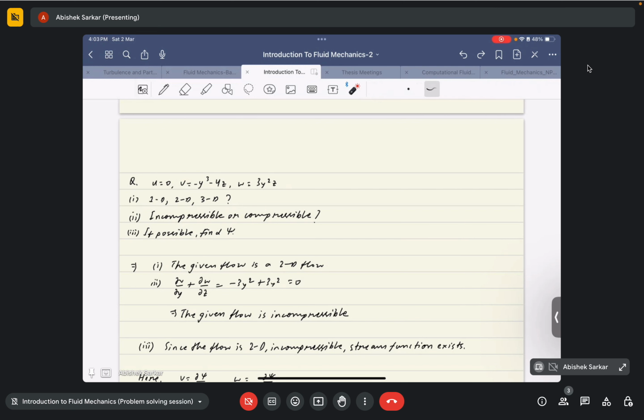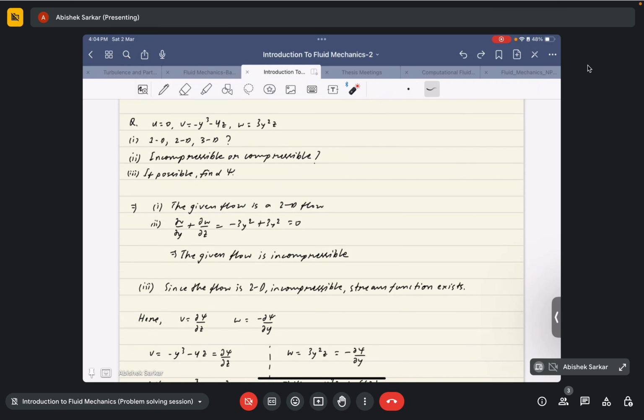Second question is whether the flow is compressible or incompressible. For a flow to be incompressible, we need the divergence of the velocity field to be 0, right? In this case it is 2D, with v and w velocity components, so the divergence is ∂v/∂y plus ∂w/∂z.